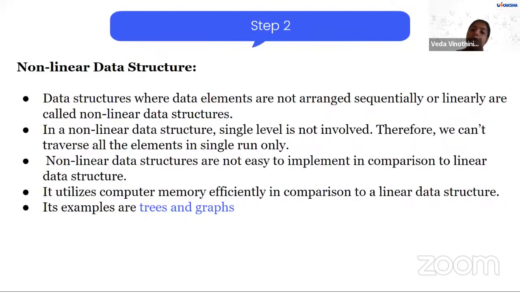Linear data structure is formed in a sequential manner, so there might be some issues in accessing some values, or it is not optimized, or there might be some other issues. That's why non-linear data structures came in, and they utilize the computer memory much more efficiently.